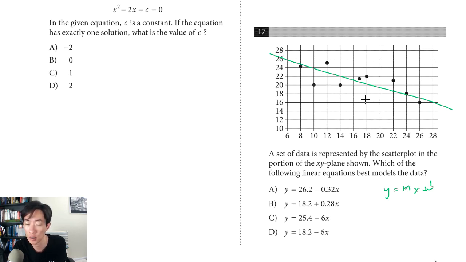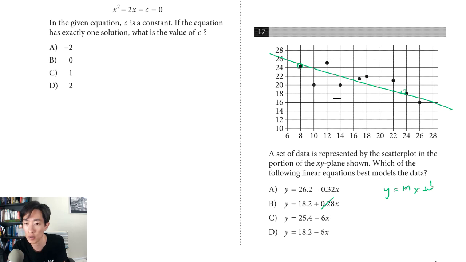So the first thing I'm going to notice is that since my line slants this way, I know it's going to have a negative slope. So I'm going to eliminate choice B because this slope is positive 0.28. And looking at the other slopes, it's either going to be 0.3 or negative 6. To figure that out, I'm going to take two test points. It looks like this one falls nicely, and so does this one.